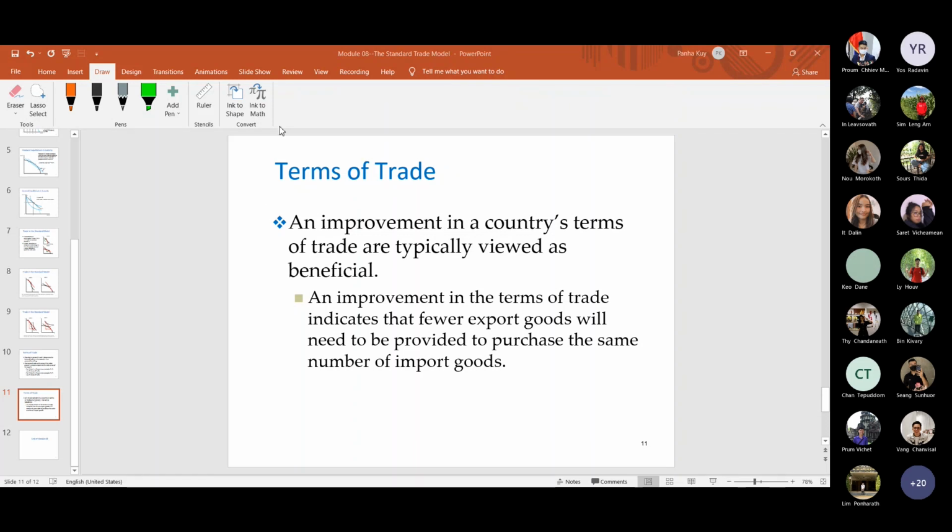Give me a second, I'm trying to find this for you. I don't have it in English. Okay, here in English.